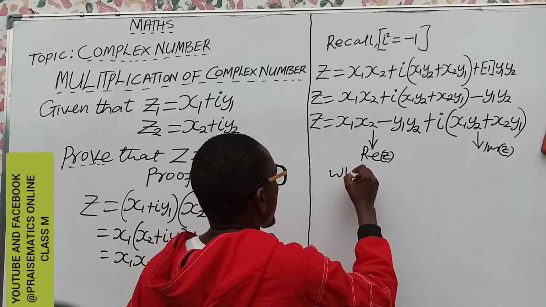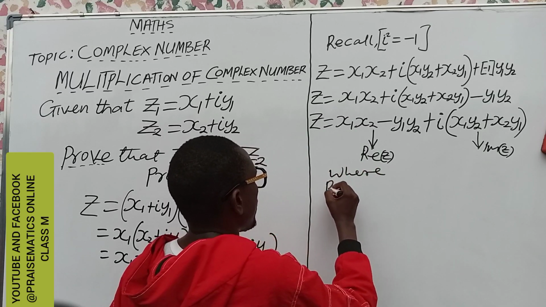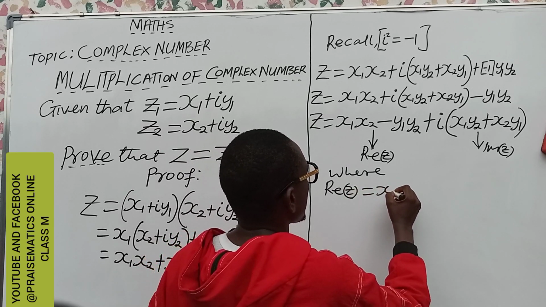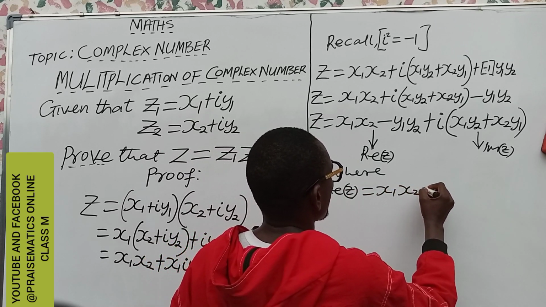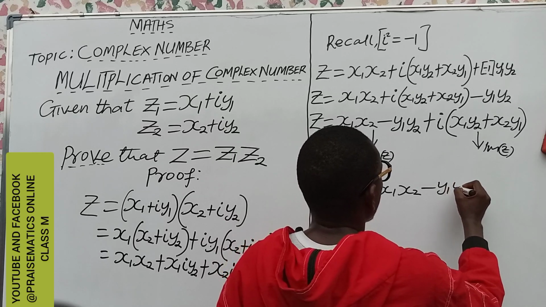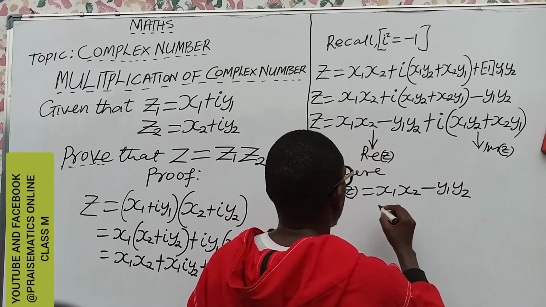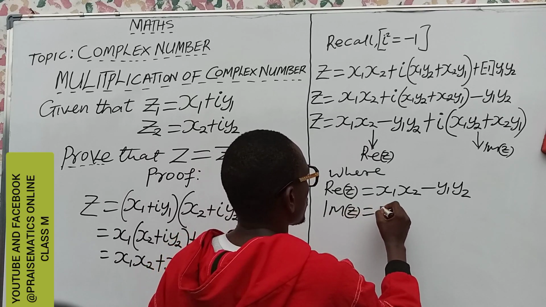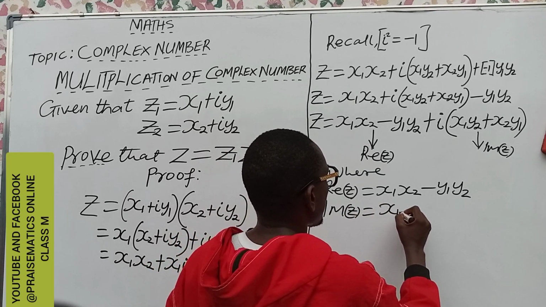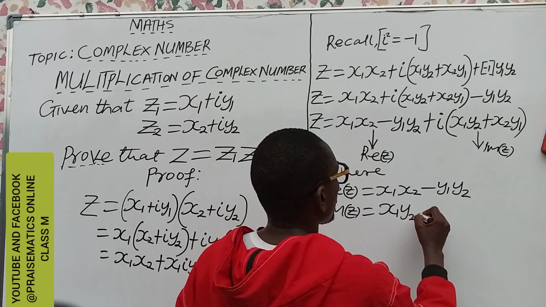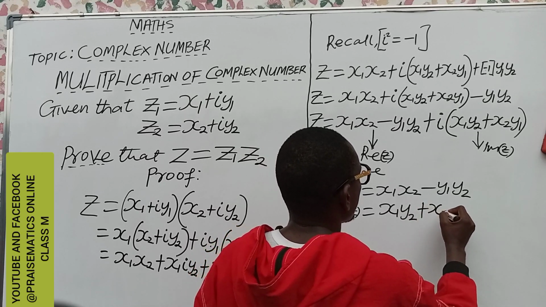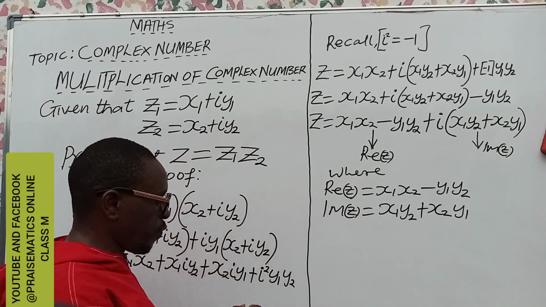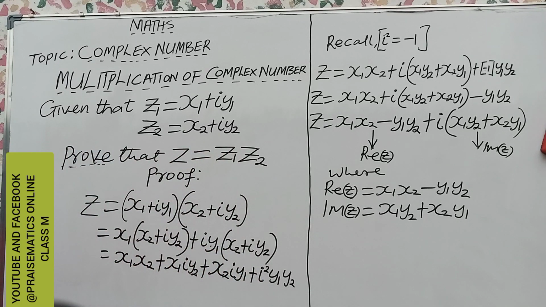So Re z is equal to x1 x2 minus y1 y2, and Im z is equal to x1 y2 plus x2 y1. And that is how to prove it.